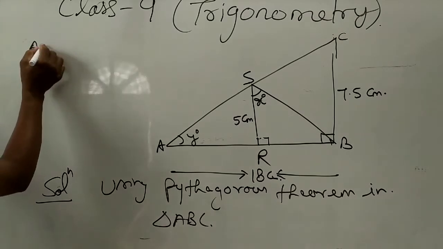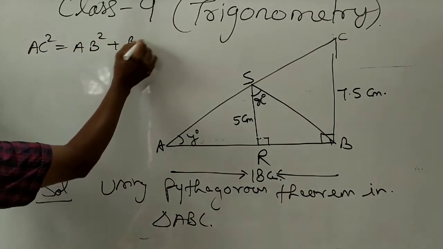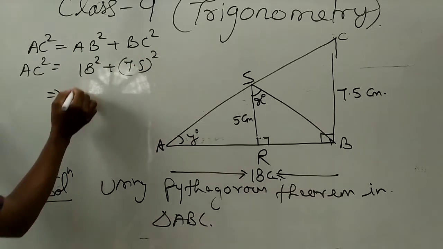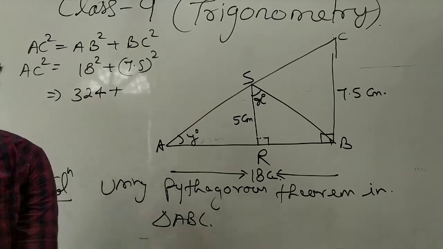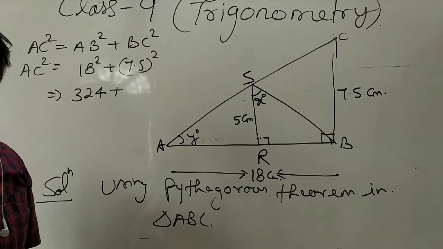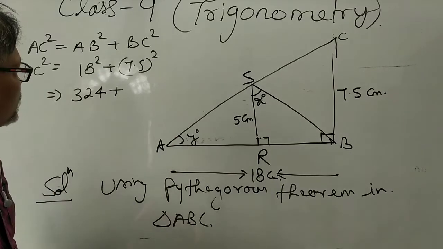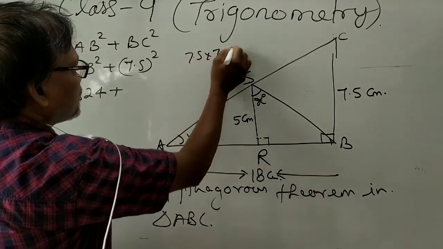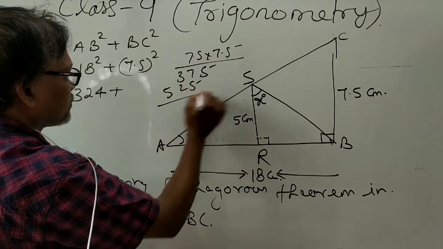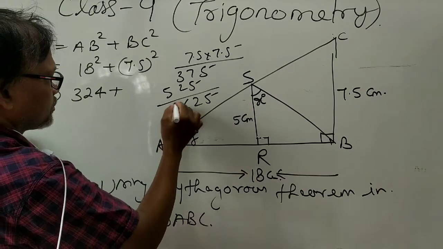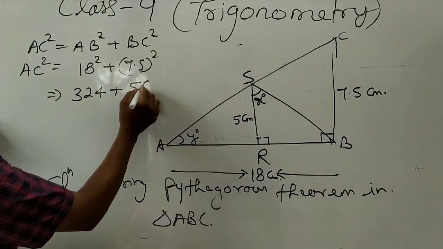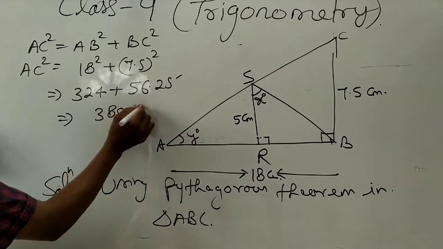AC square is equal to AB square plus BC square, means AC square is equal to 18 square plus 7.5 square. 18 square is 324, plus 7.5 square, which I must calculate here, is 56.25. When you add you will get 380.25.